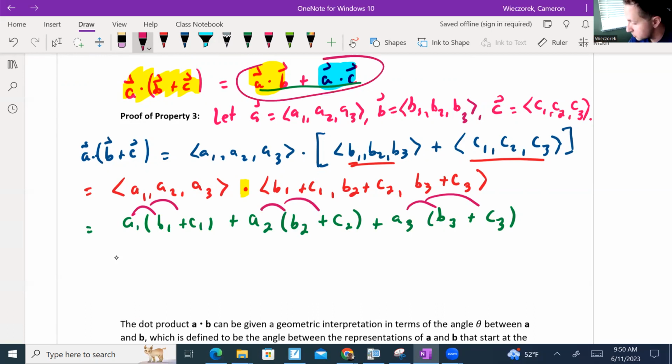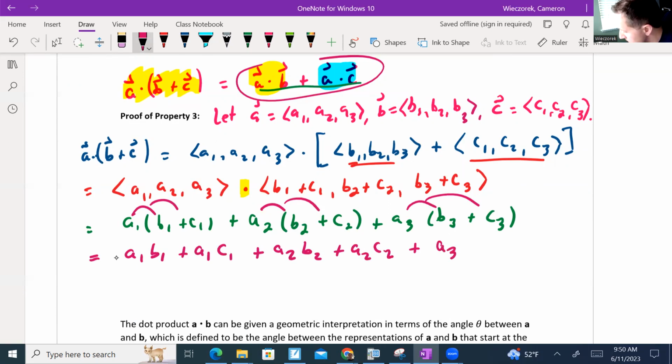That's really what's going to make this right-hand side show up. So kind of trust the process. And things kind of nicely start to work out once you distribute. So I distribute A1, A2, and A3 to each of these. So just normal distributive property like we would do with numbers or variables.